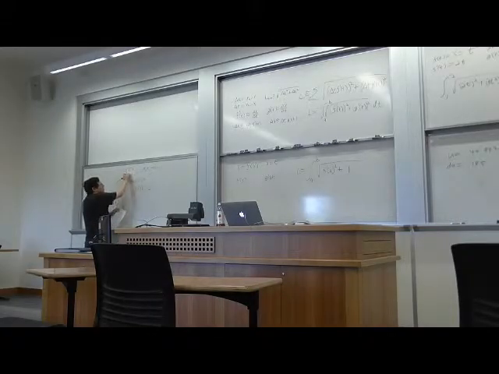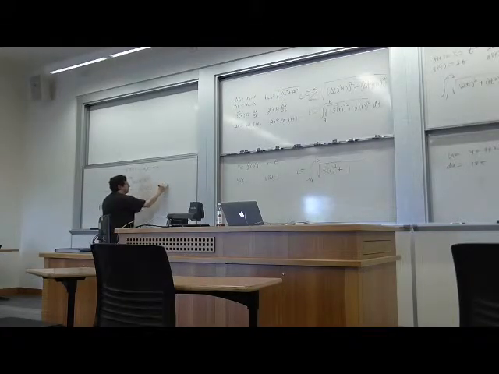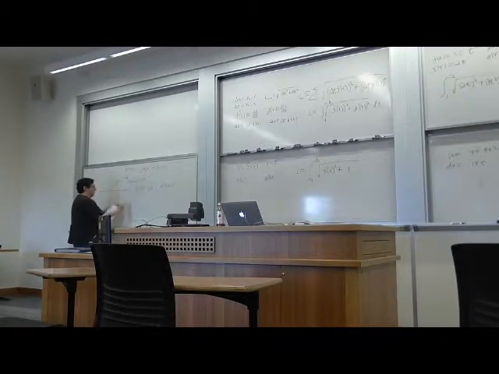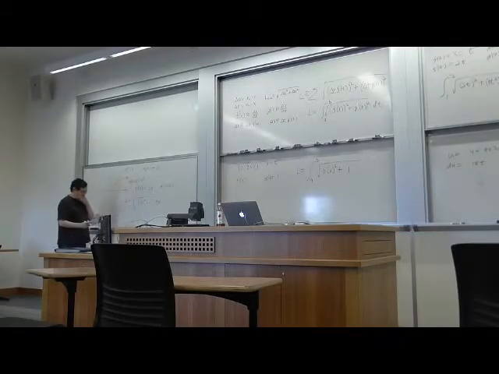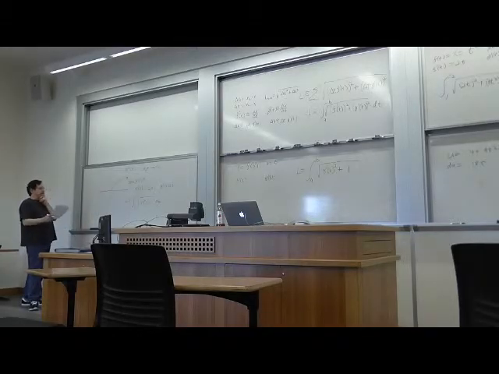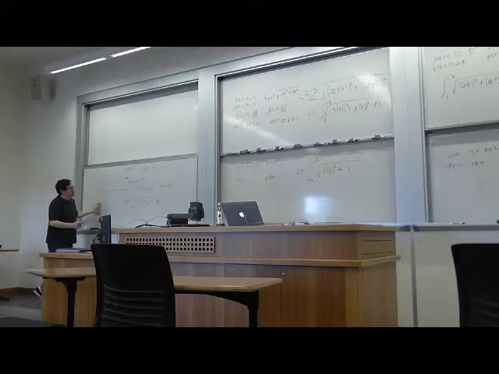And I don't have a t, so g prime of y is just 1. And my formula tells me this is just the integral from 0 to 1 of the square root of (2y) squared plus 1 dy.